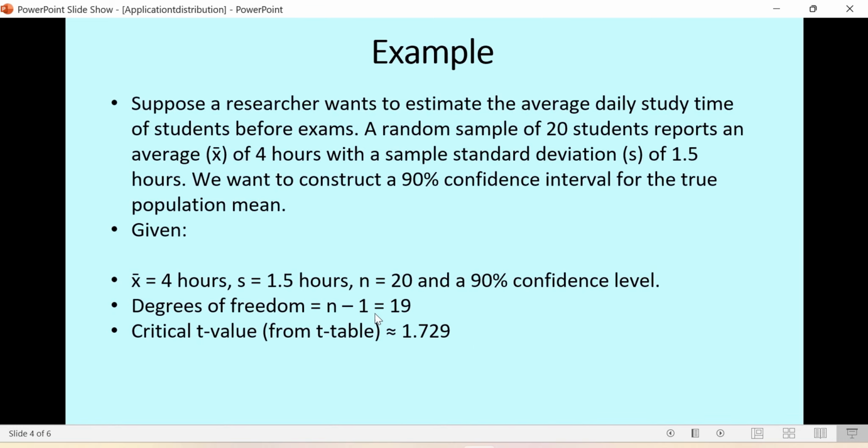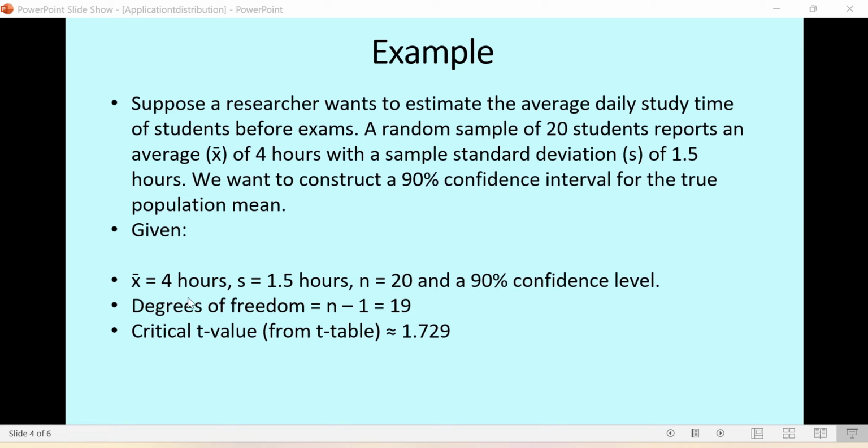Here we take a look at an example. Suppose a researcher wants to estimate the average daily study time of students before an exam. We get a random sample of 20 students and report an average x bar of 4 hours and a sample standard deviation of 1.5 hours. Then we want to construct a 90% confidence interval for the true population mean. It is quite simple: we just fill these numbers into the confidence interval formula on the previous page.